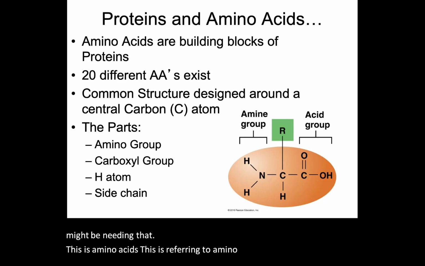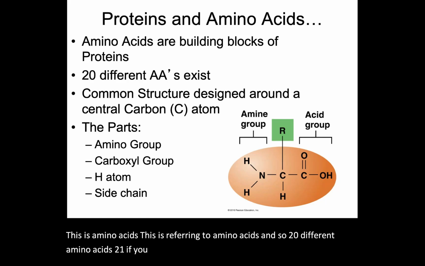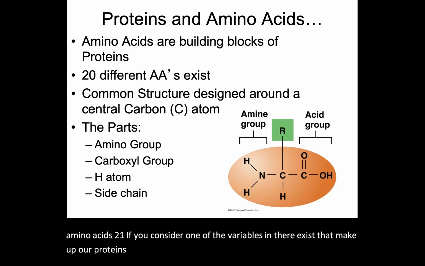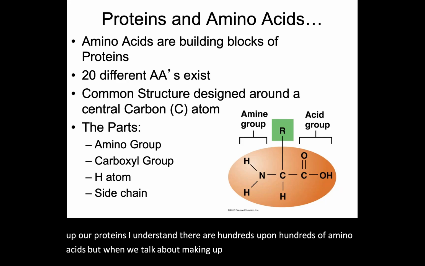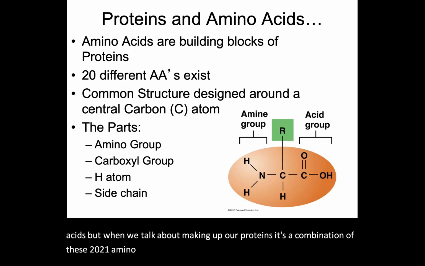So 20 different amino acids, 21 if you consider one of the variables in there, exist that make up our proteins. Now understand, there are hundreds upon hundreds of amino acids. But when we talk about making up our proteins, it's a combination of these 21 amino acids that really drive the building and the formation and the production of our proteins.